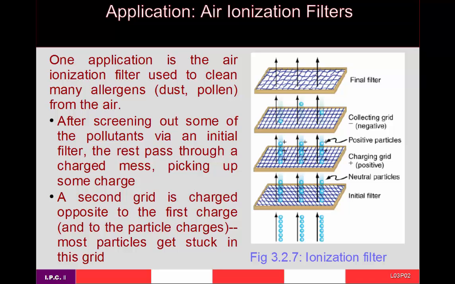The process looks something like this. Here is air that's represented as having lots of pollutants in it. The black line is basically air, and the blue balls are basically pollutants. An initial filter is first used and screens out a few of the pollutants.